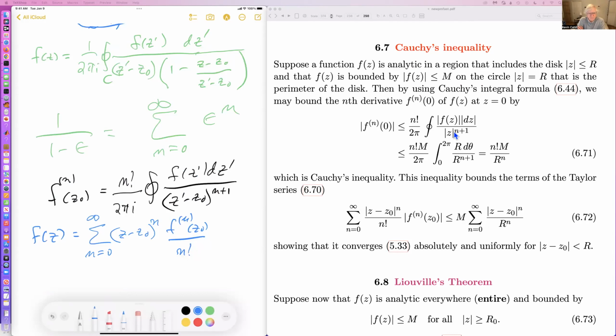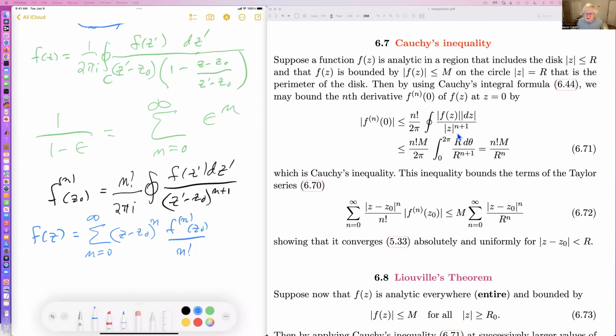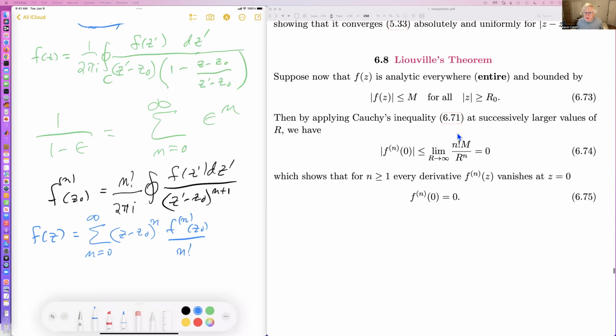This is a generalization, and it's a very useful generalization. And I see here once again, I've written something that isn't super clear, so let me write that as an n. Okay. The next topic is Liouville's theorem, one of Liouville's theorems.